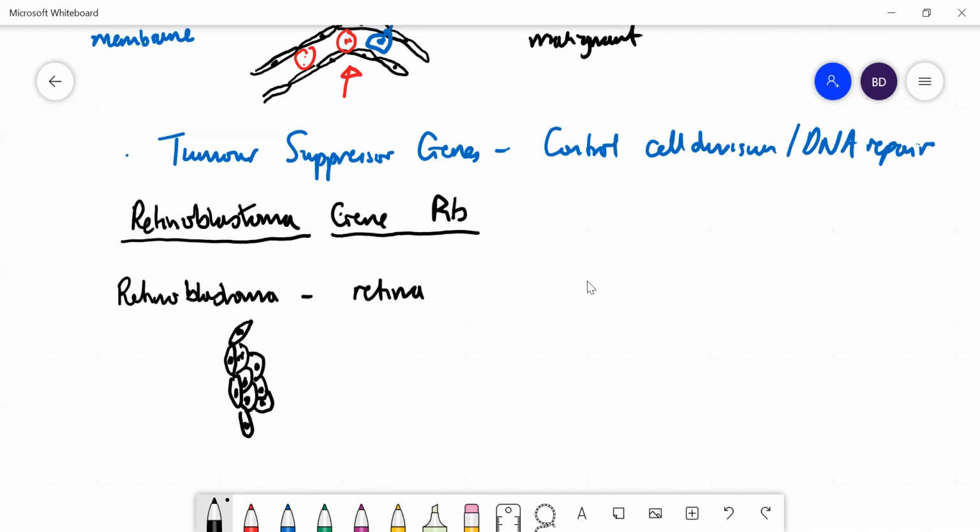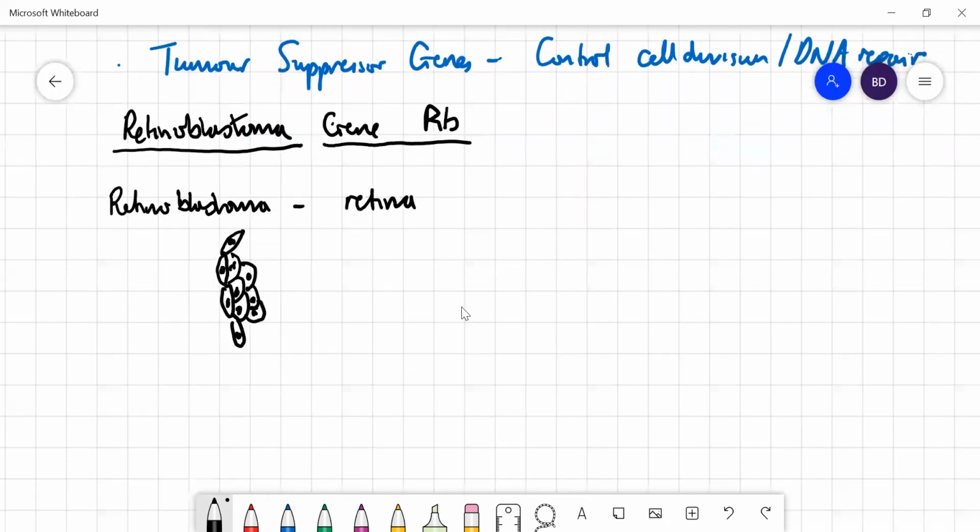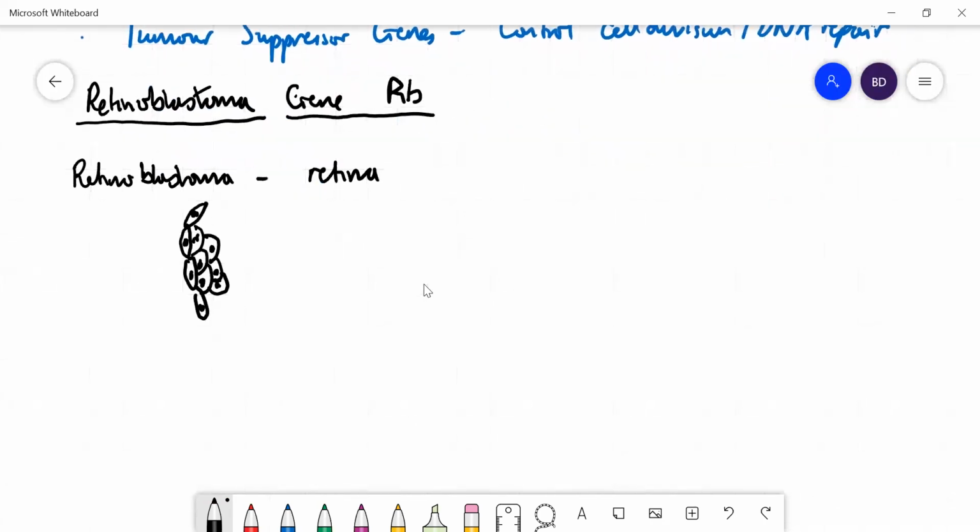Now, the retinoblastoma story starts in the mid-80s, and this was the first tumor suppressor gene to be discovered. There are two kinds of retinoblastoma, two patterns in which it occurs.